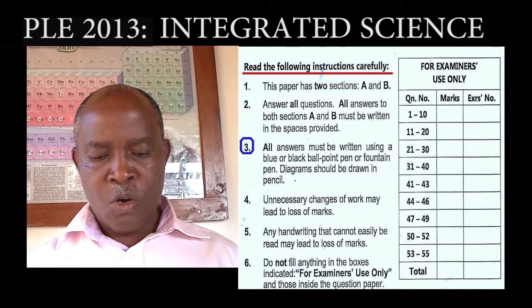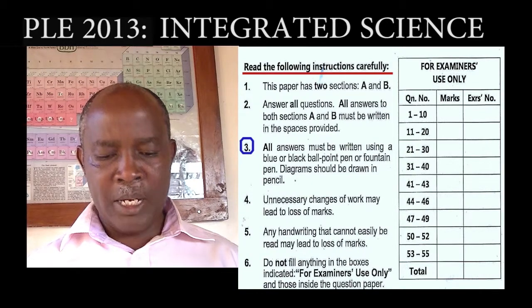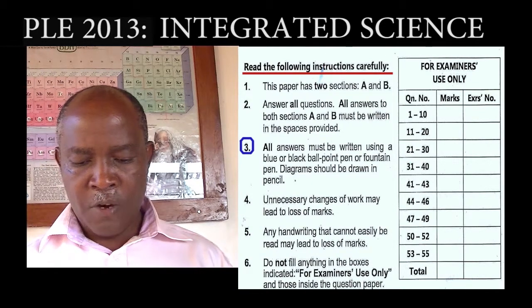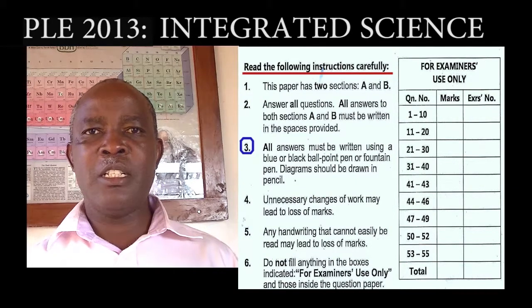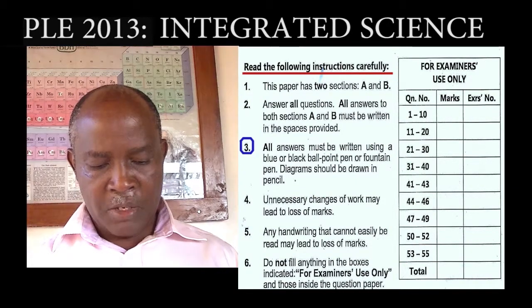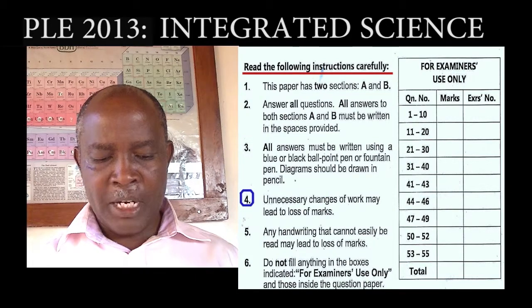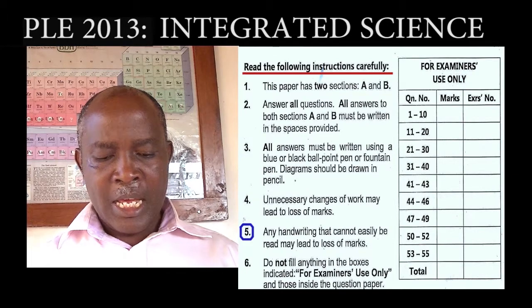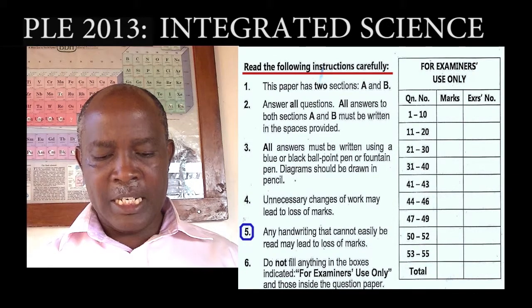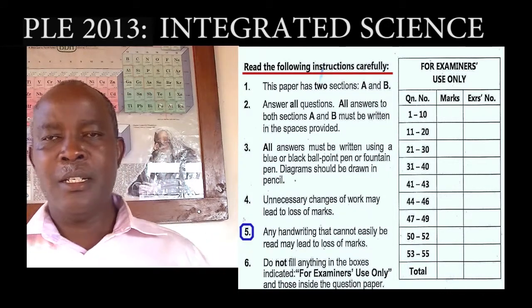3. All answers must be written using a blue or black ball pen or fountain pen. Diagrams should be drawn in pencil. 4. Unnecessary changes of work may lead to loss of marks. Number 5. Any handwriting that cannot easily be read leads to loss of marks.